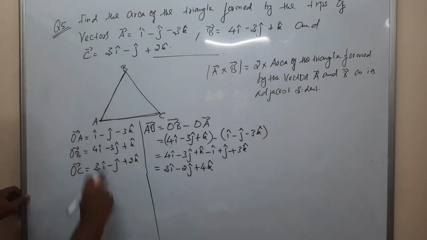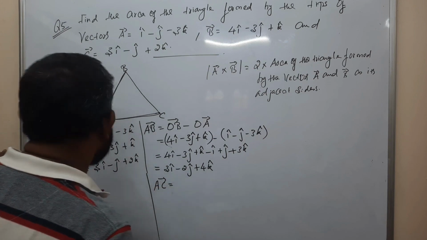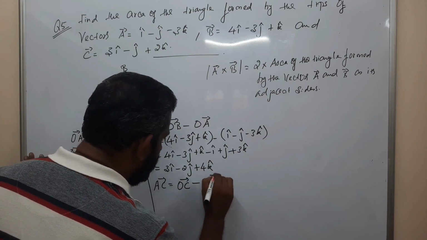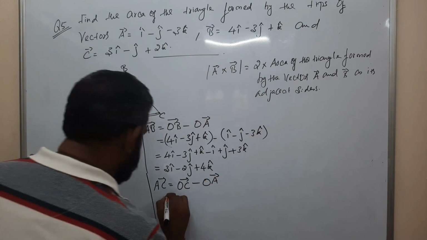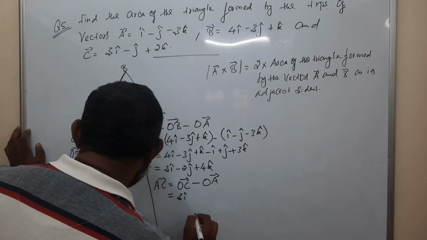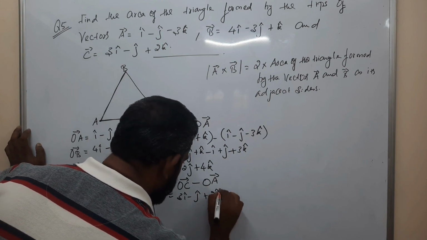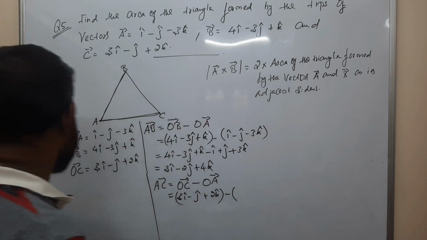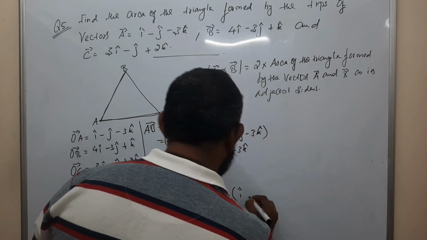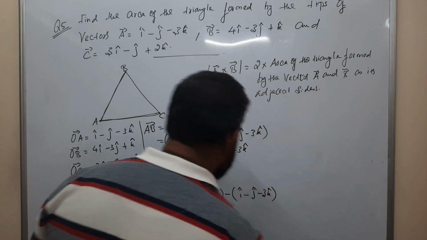Right? So similarly the AC vector also we have to find. AC vector is equal to, what's the formula? OC vector minus OA vector. So that's equal to, what is the OC vector? 3i cap minus j cap plus 2k cap, minus the OA vector, that is i cap minus j cap minus 3k cap.